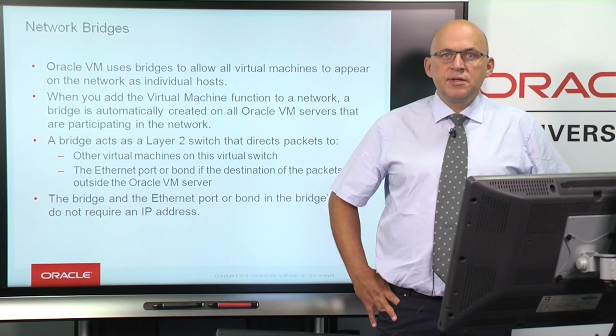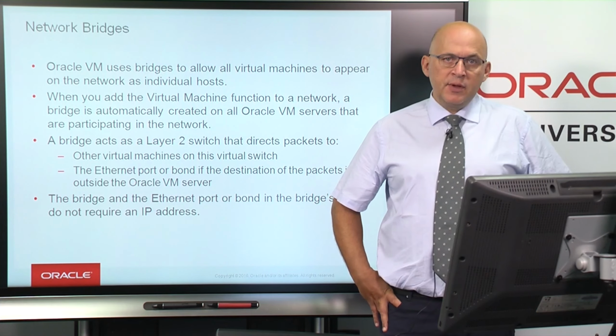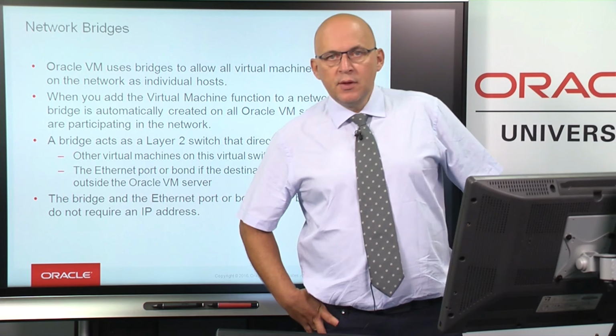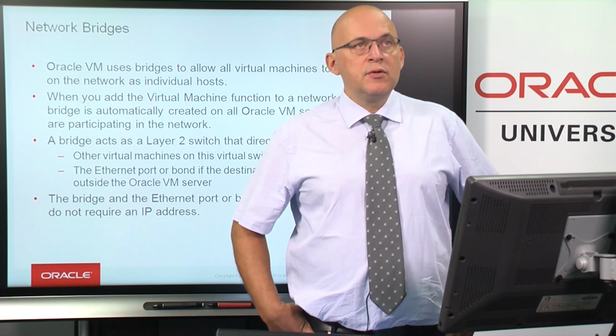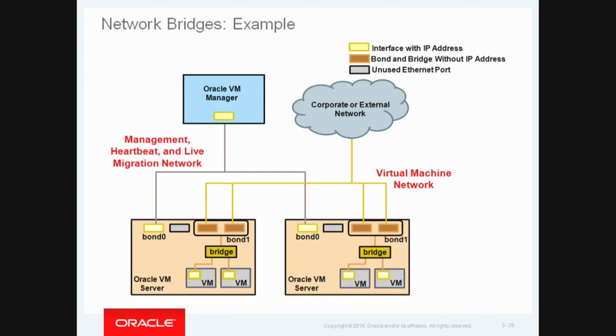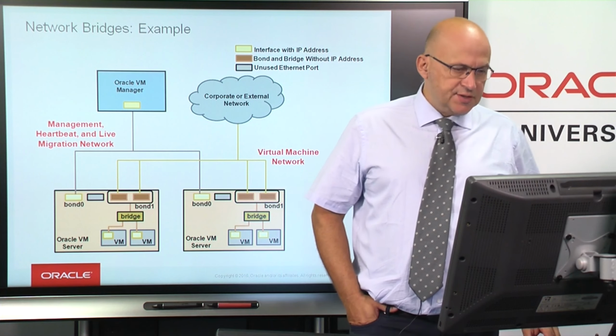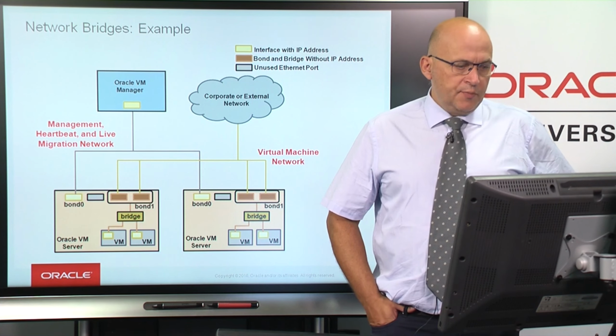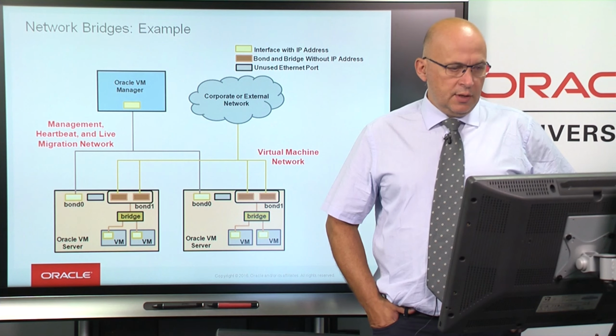The bridge will act as a layer 2 device, which means that it directs packets to the other machines on this virtual switch, and of course the Ethernet port or bond will be used if the destination of the packets is outside of this server which is hosting your virtual machines. So the bridge and the Ethernet port or the bond in the bridge path do not require an IP address. And then we have here an example of this implementation, where we have an Oracle VM Manager.